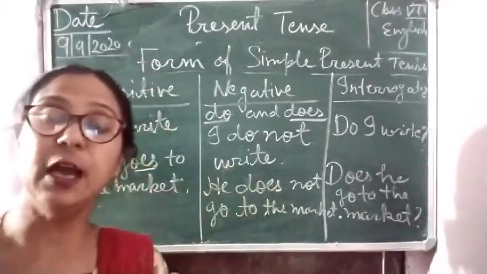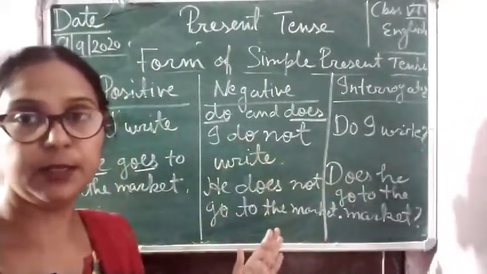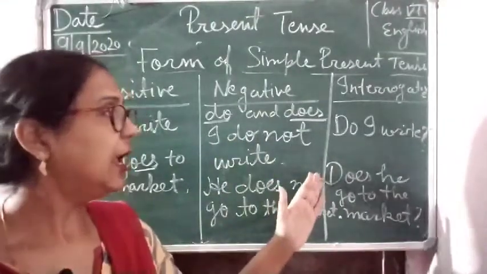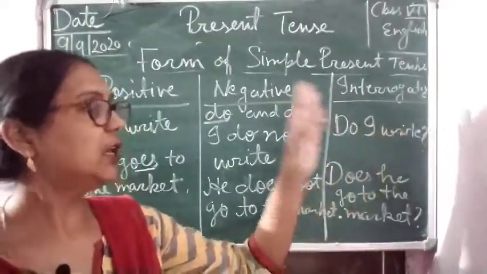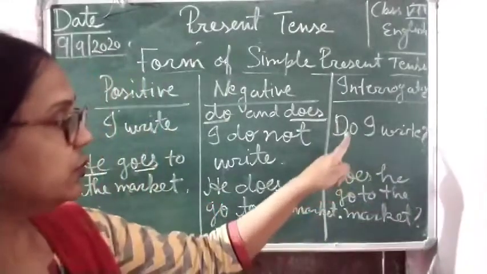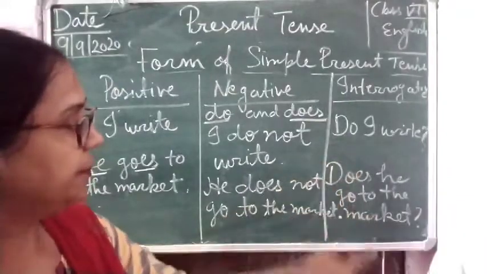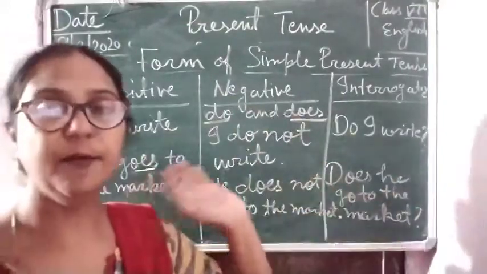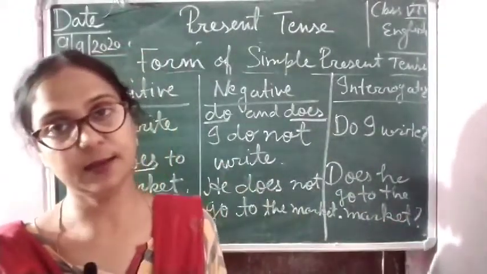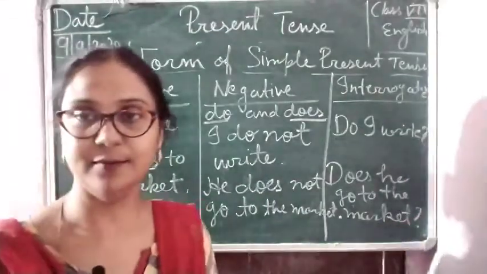We learned how to create a negative sentence in simple present tense with the use of do and does. And to write interrogative sentences in simple present tense, we use do and does. We just place it at the first place, as you can see, then we write the other words of the sentence, and after that we put a question mark.